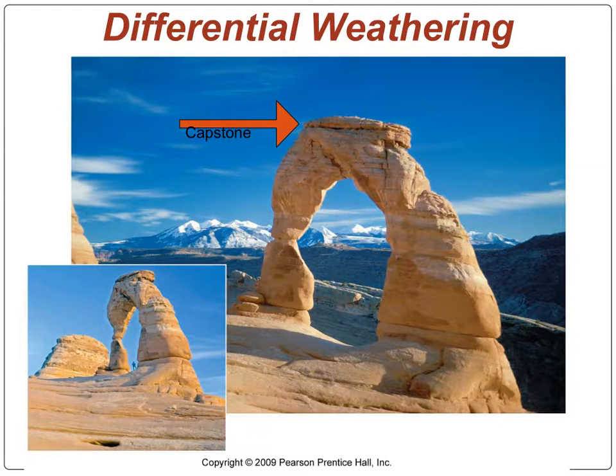Mostly just some pretty pictures here for a couple of slides. Weathering is not necessarily this uniform process, so we get weathering and the subsequent erosion producing things like this arch formation. And so what's going on here? How has weathering and erosion resulted in this kind of structure?